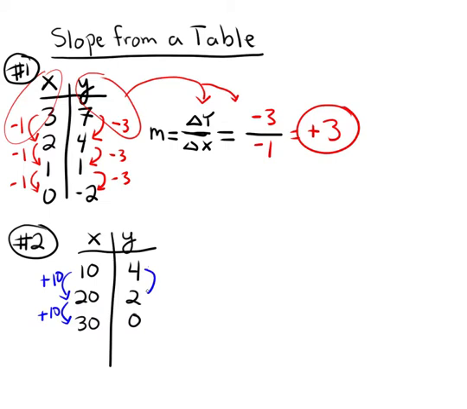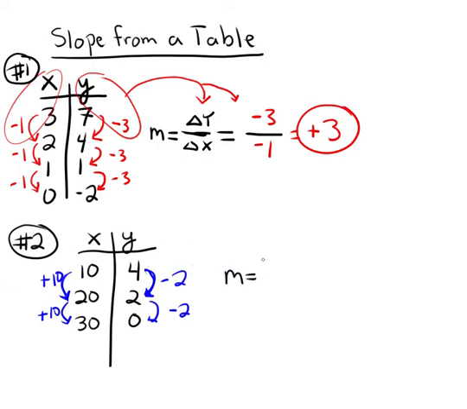And for the change in Y, we have to go down because our other arrow is going down, so we have to continue that same direction for our change in y. So 4 down to 2 is -2, and 2 to 0 is also a -2. So we're going to use our slope, which we're going to write down again.